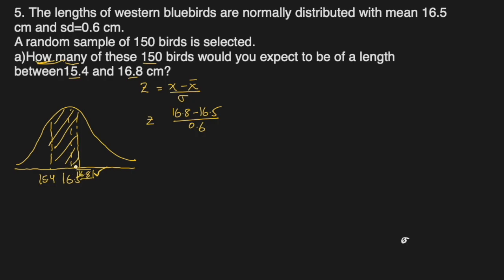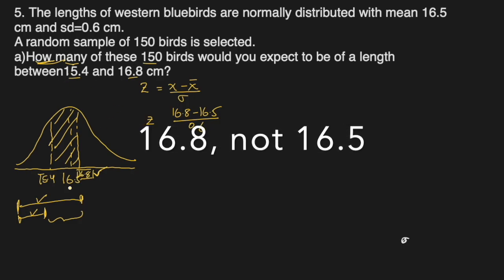Then I'll find the probability for less than 16.8. Then I'll find the probability for less than 15.4. So if I find this area from 16.8, then find this area less than 15.4, and subtract this from this, I'll get the remaining area, which is between 15.4 and 16.8.